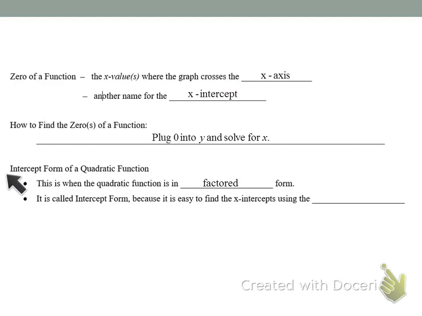So intercept form is going to be useful later on because the function is going to be written in factored form. It's called intercept form because you're going to easily find the x-intercepts with that zero product property. Zero product rule.